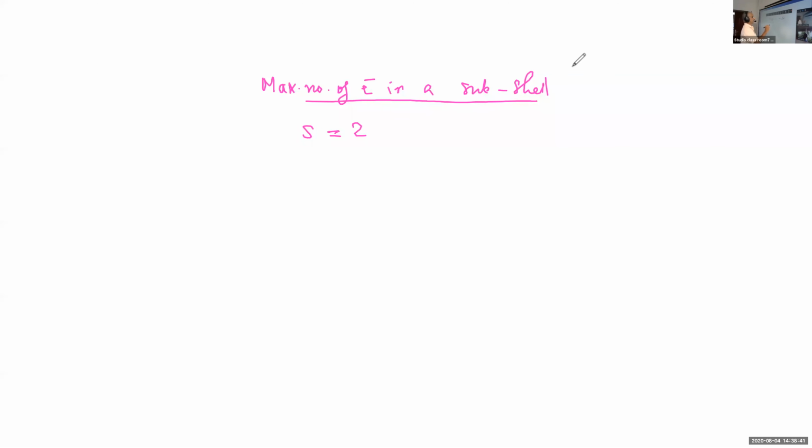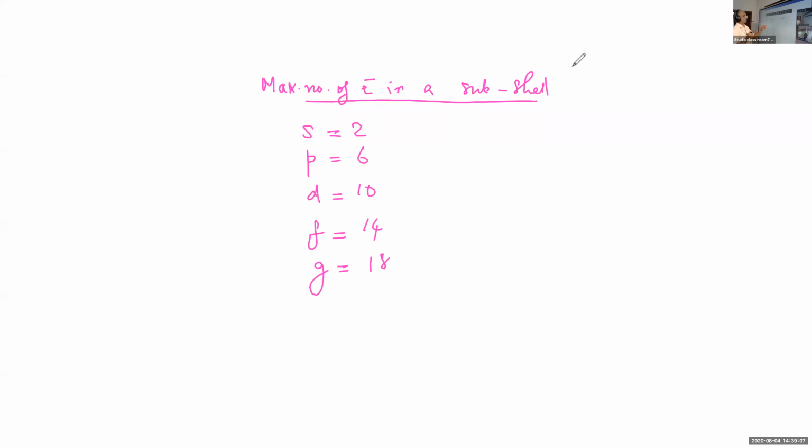Then you come to P, maximum number of electrons possible is equal to 6. Then D, maximum 10. Then maximum number of electrons in the F level is equal to 14. Then G, it is not there, and it will be 18.